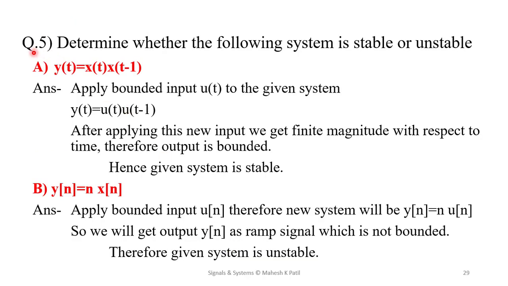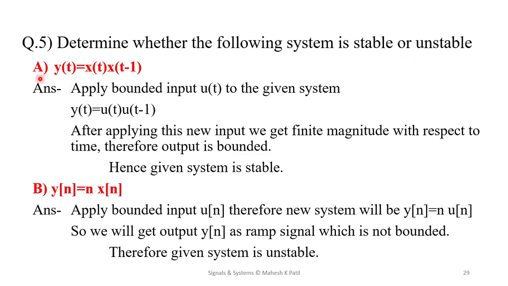Now we'll consider the next question. Determine whether the following system is stable or unstable. A system is said to be stable when you apply a bounded input and you get a bounded output. Otherwise it is said to be an unstable system.